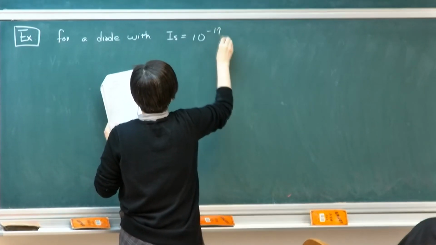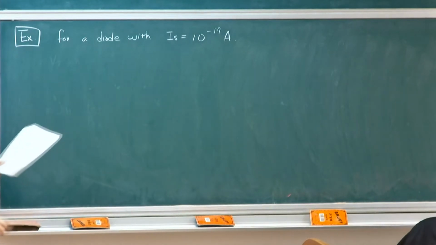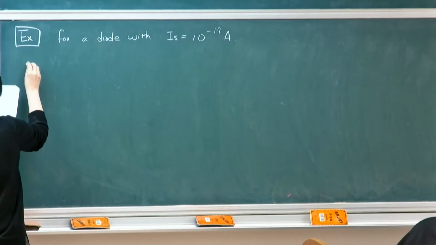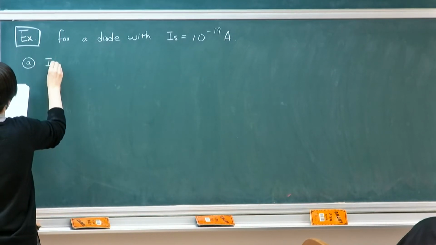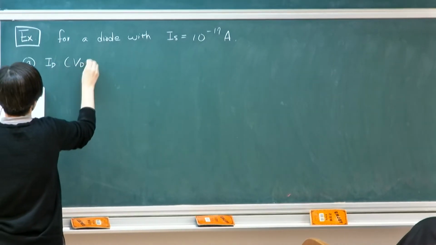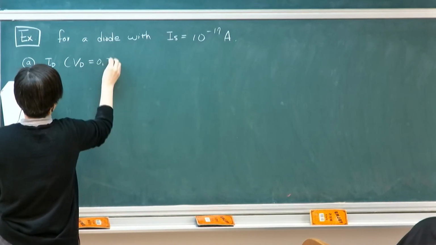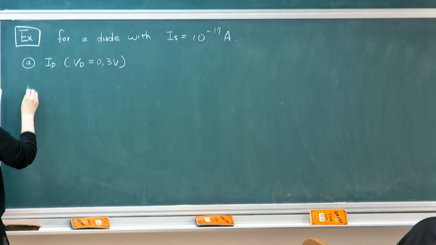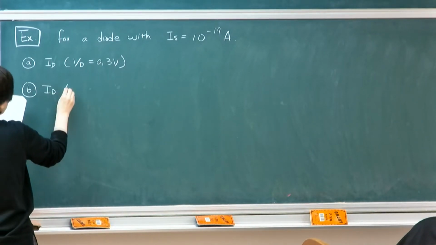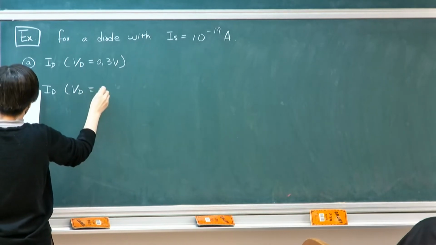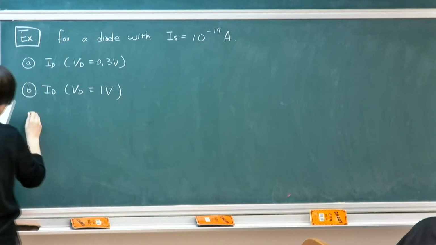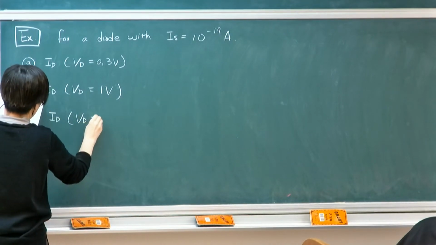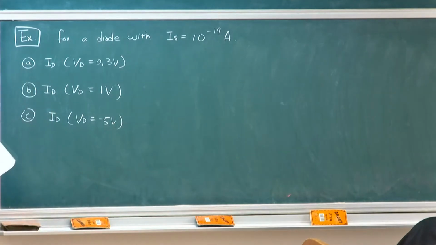These current levels are typically fairly low, 10 to the minus 17th. So I ask you to find the diode current if I'm forward biasing with a slight forward biasing voltage, about 0.3 volts. And then if I'm applying a strong forward biasing voltage, let's say I'm raising this to 1 volt, you should be able to determine these levels.